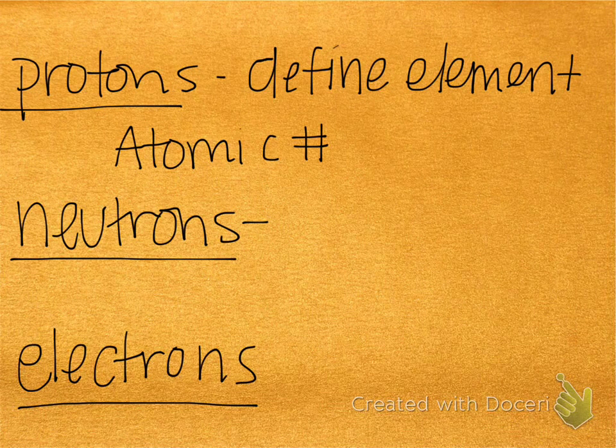If the atomic number is 6, meaning there are 6 protons, then we have carbon. If that atomic number changes to 10, then we know that we have neon because we have 10 protons. So your atomic number, which matches with your protons, is always going to define your element. If the atomic number changes, then the element changes.